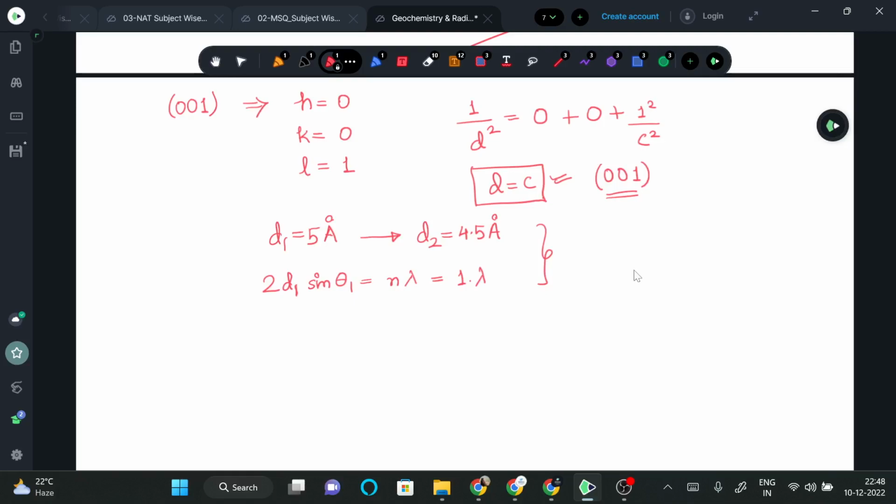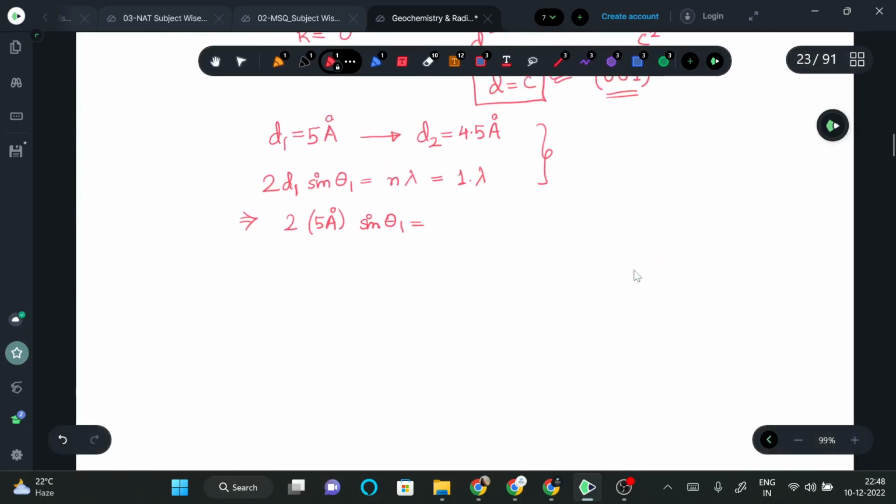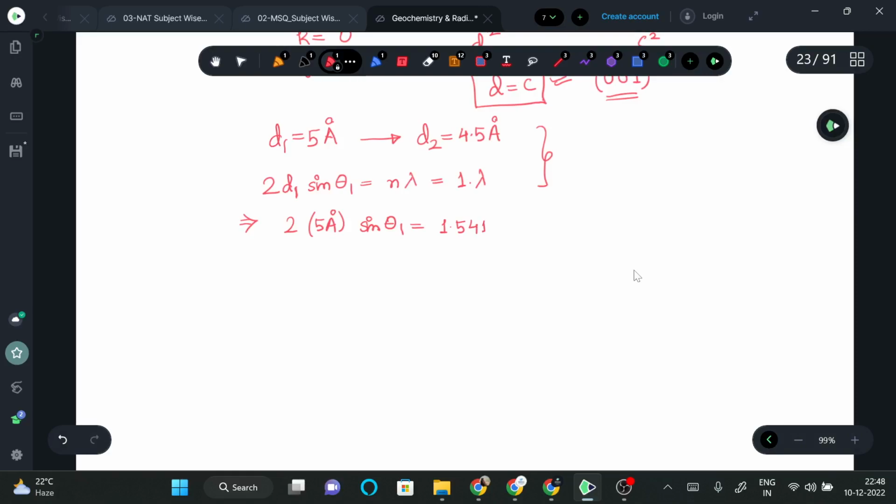So here the first equation, for the first case, becomes 2, d1 is 5 angstrom, sine theta 1 is equal to lambda. Lambda is given as 1.5418 angstrom. This is the first equation.